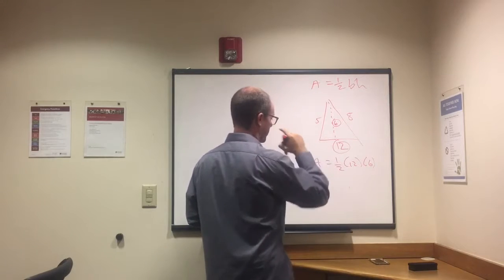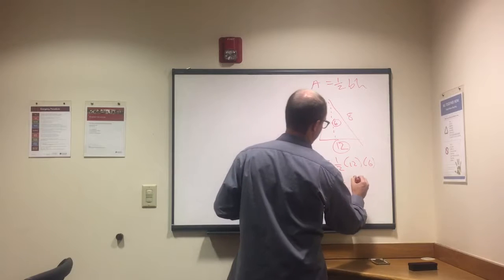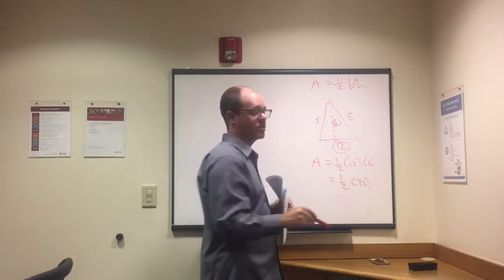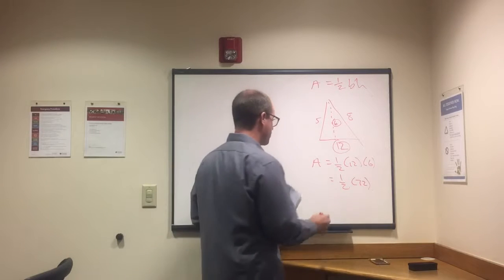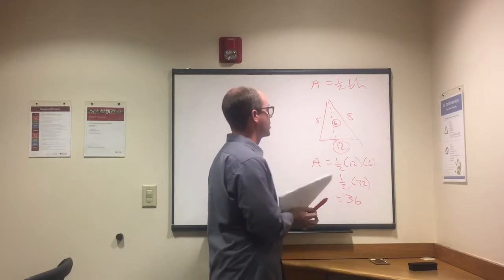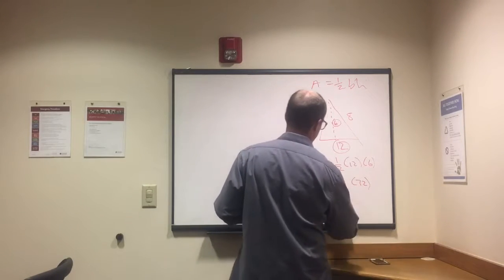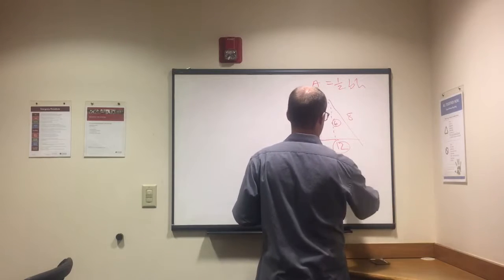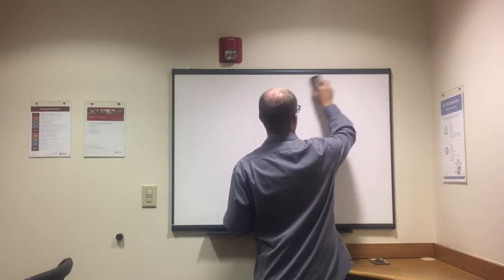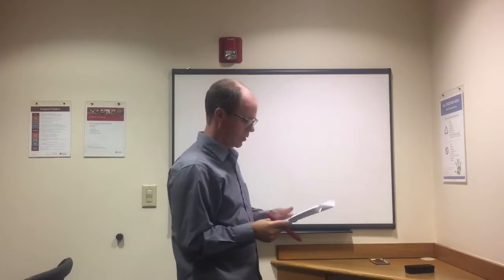Okay, from here we're just doing math. 1/2, 12 times 6 is 72. 72 divided by 2, or 1/2 times 72, 36. Okay, so that's area of a triangle. 1/2 base times height. Pay no attention to those sides. We don't care about sides when we're doing area of a triangle. Base, height, that's all we care about.